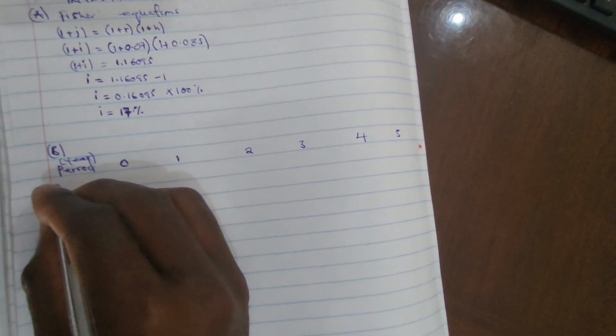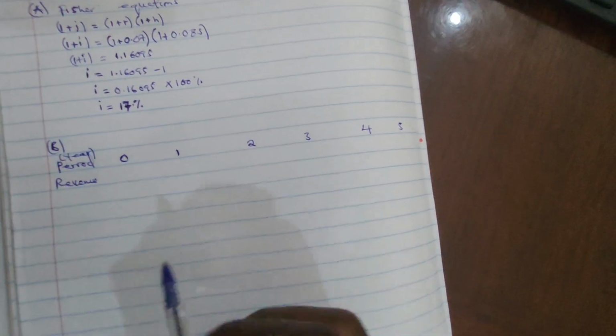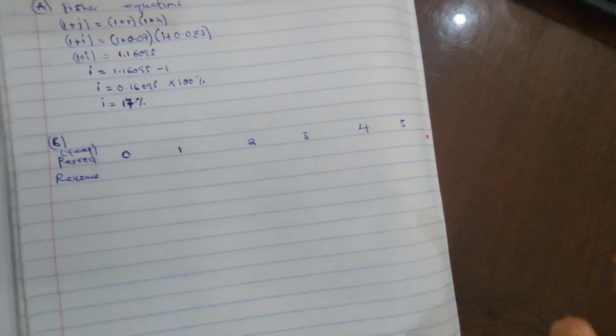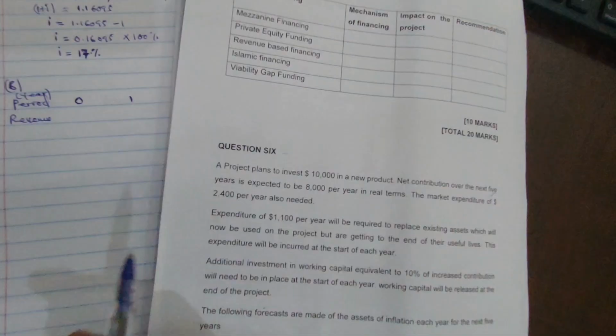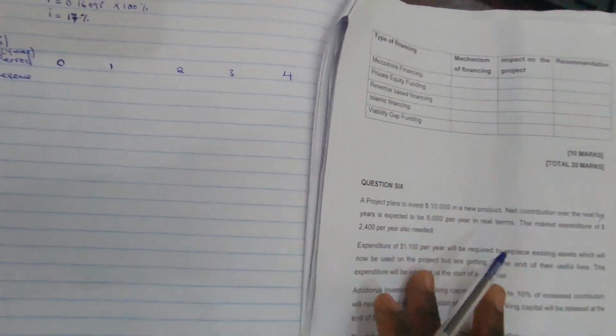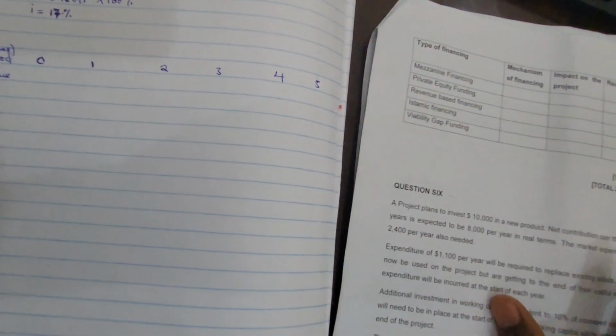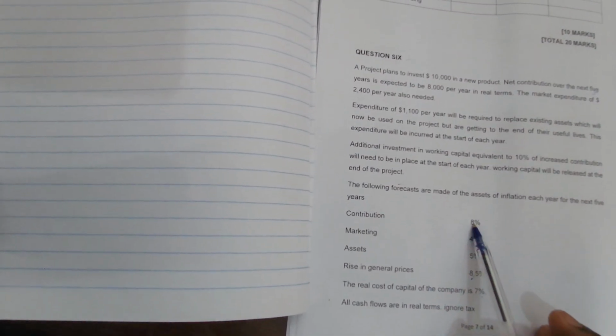Next thing is our revenue. Remember I said this is a format I like using. It's much easier. For our revenues, remember there is a form of interest towards the revenues being generated. In calculating our revenues, we've been told that there is a contribution of 8%.